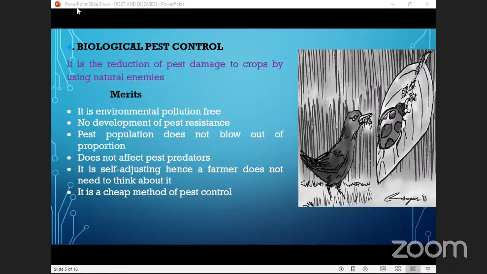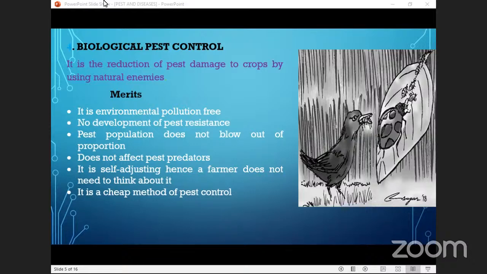Once we introduce this method, we introduce these organisms in the garden, they do destroy pests without any supervision.